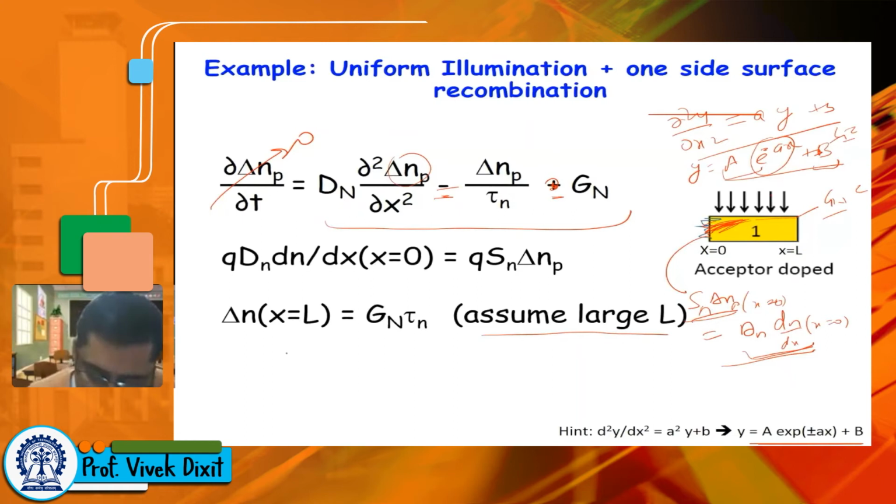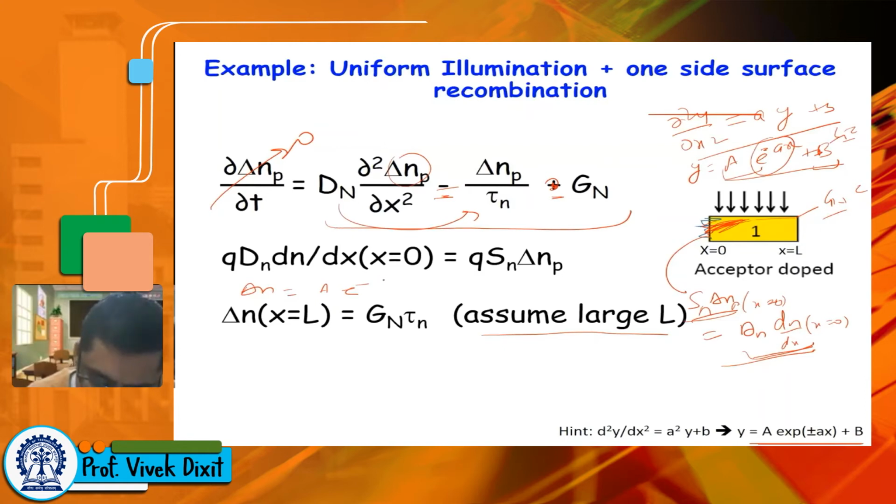So delta n is equal to a times e to the power minus x over, sorry, root of D tau, because D has to go here. Then this is the same as this form.